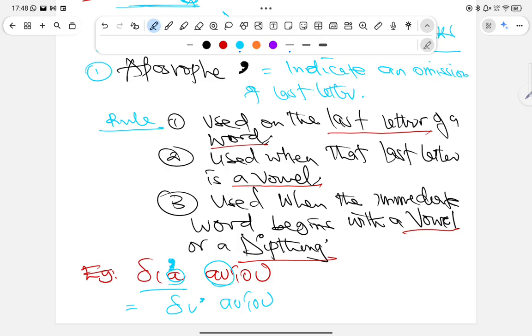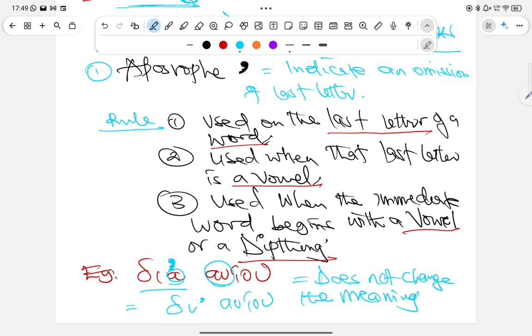So instead of dia autou, it's now di' autou, but it's still the same. Leaving out does not change the meaning of the word. It just affects the writing, and you need to be able to identify it.